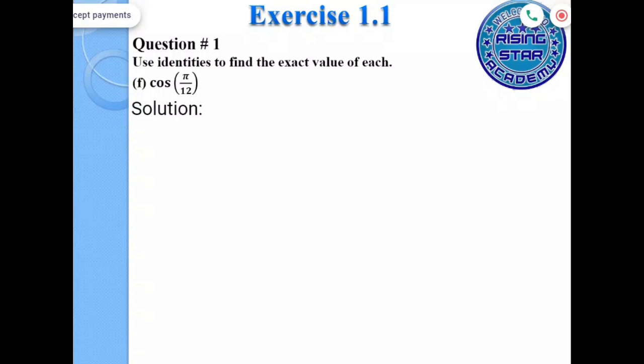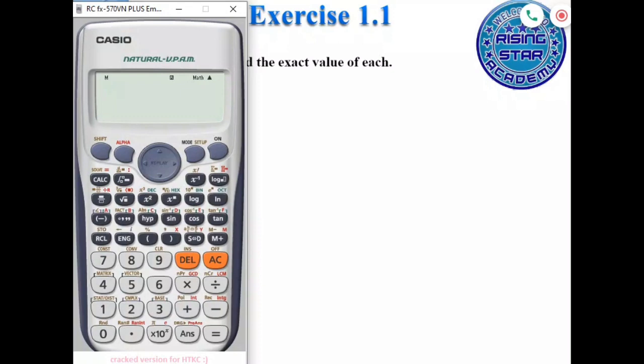So here you can see that we have the cos value of pi by 12. So pi by 12, let's check what it would be in degree form. We know that the pi value is equal to 180 degrees. So I would write 180 divided by 12, that would be 15.